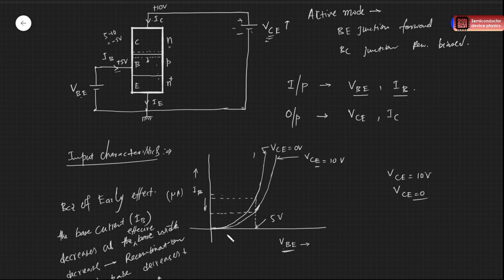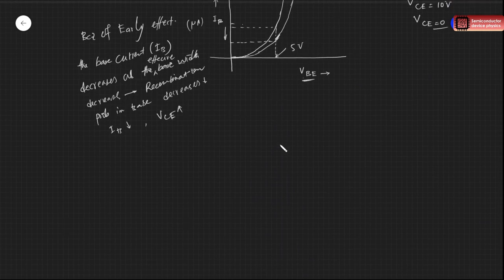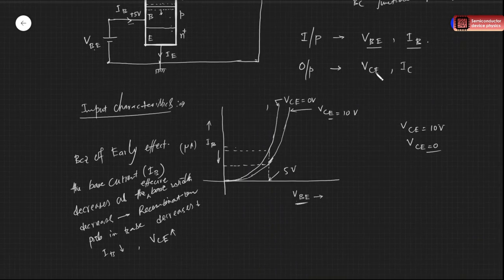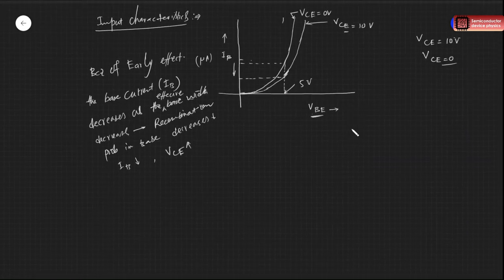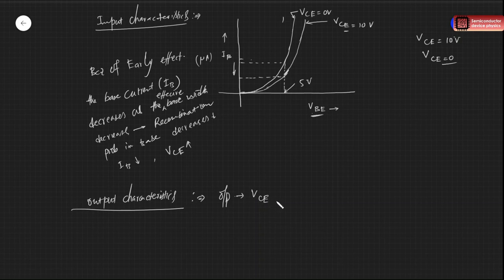Okay, so this is our input characteristics. Now if you draw the output characteristics, what do you have in the output? Output parameters are VCE and IC, right?